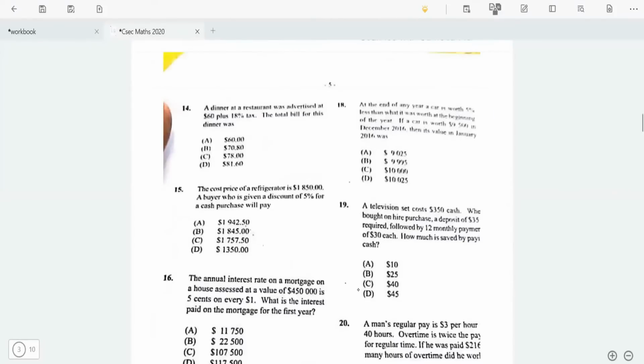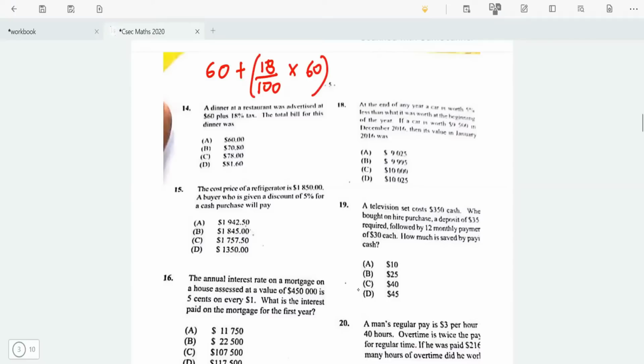Question 14 says, a dinner at a restaurant was advertised at $60 plus 18% tax. The total bill for this dinner was, if you're paying, remember, you're paying the $60 plus the tax. The tax is 18 out of 100 multiplied by the 60.